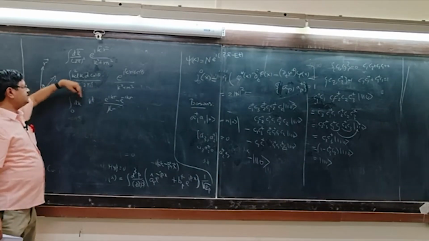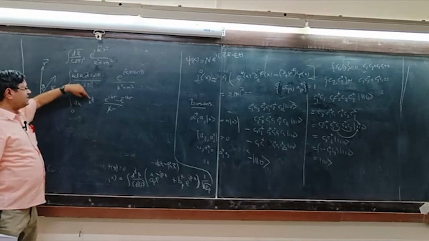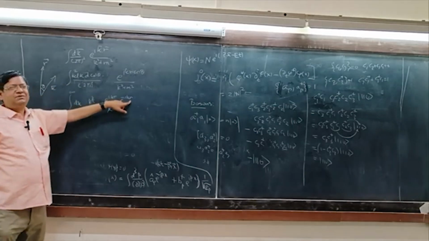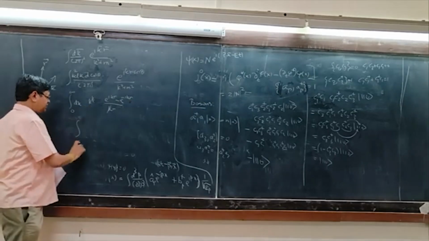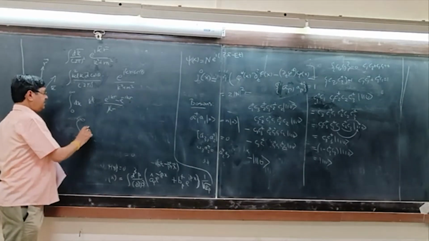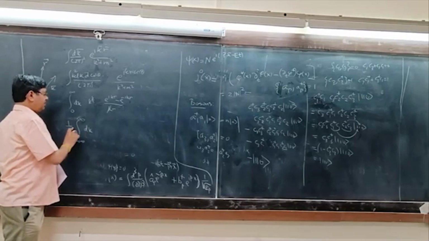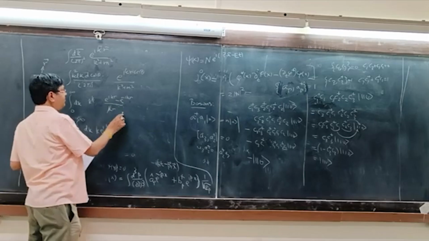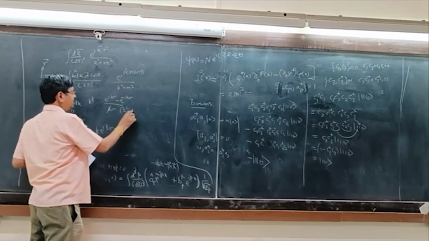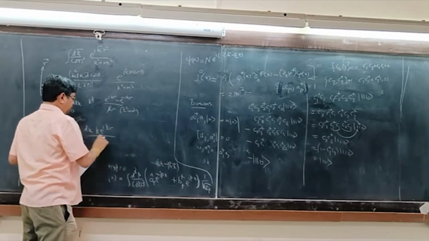So what should I do? When I change sign of k, this becomes minus k and this becomes plus k. So in fact, this is very easy to show that it is dk 1 over r k e to the power I k r. We forgot this k squared plus m squared.